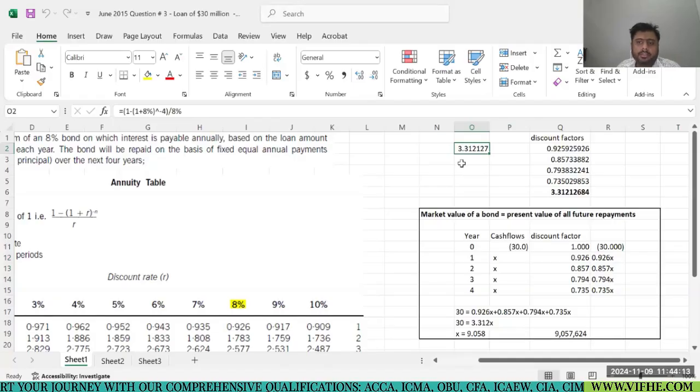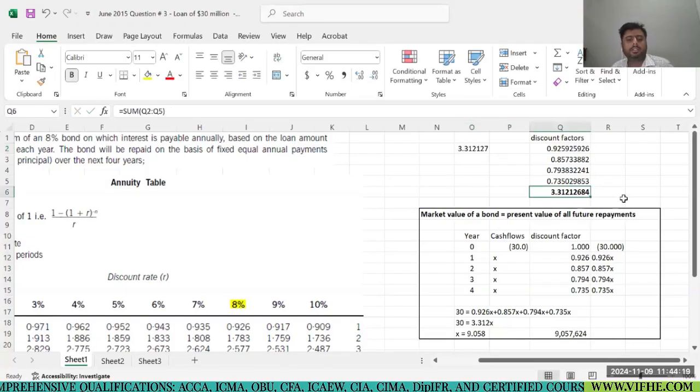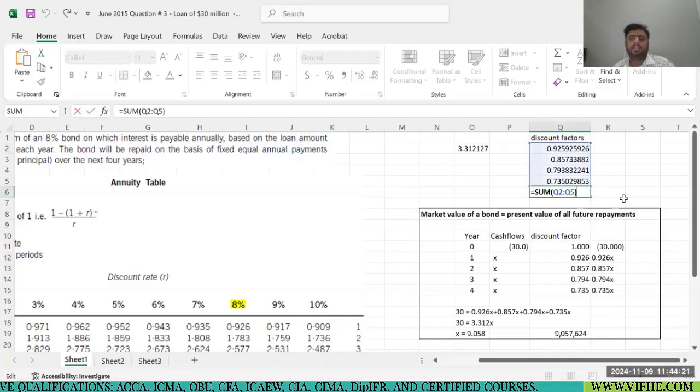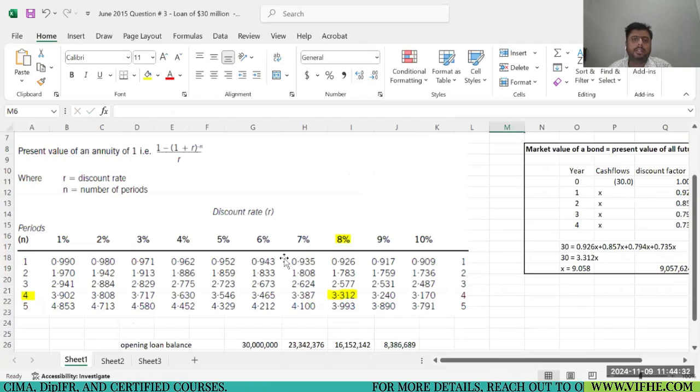To calculate the annuity factor, you can either use the formula, that is 1 minus 1 plus 8% power minus 4 over 8%, or otherwise you can sum up the year 1, 2, 3 and 4 discount factors, or you can use the annuity table as well, which is given over here. Okay, I am going to answer your doubts after a couple of minutes once I have explained everything.